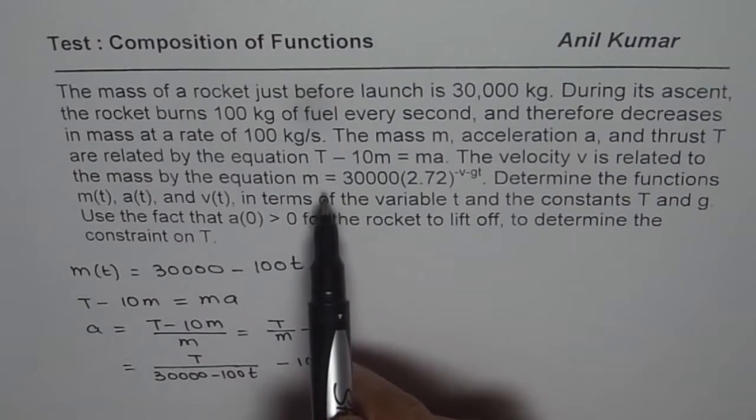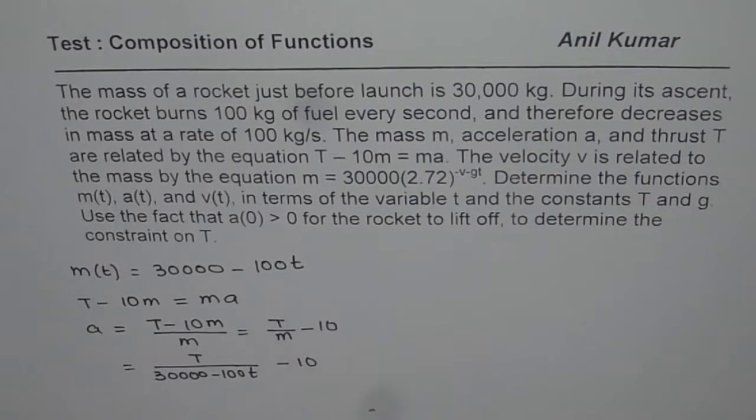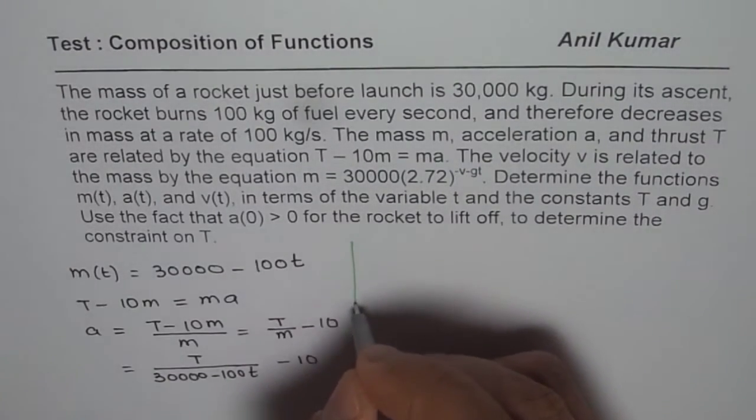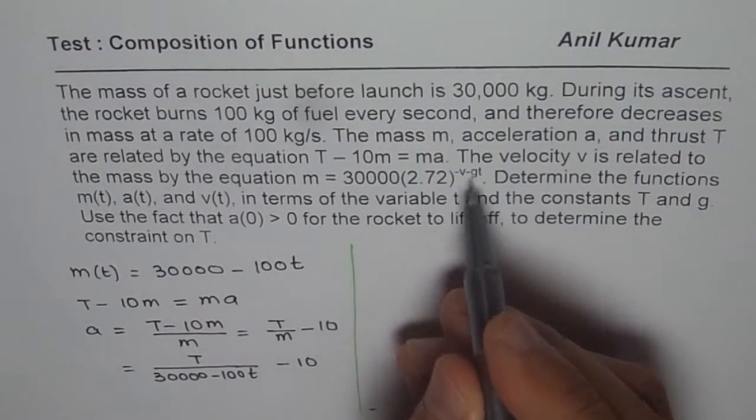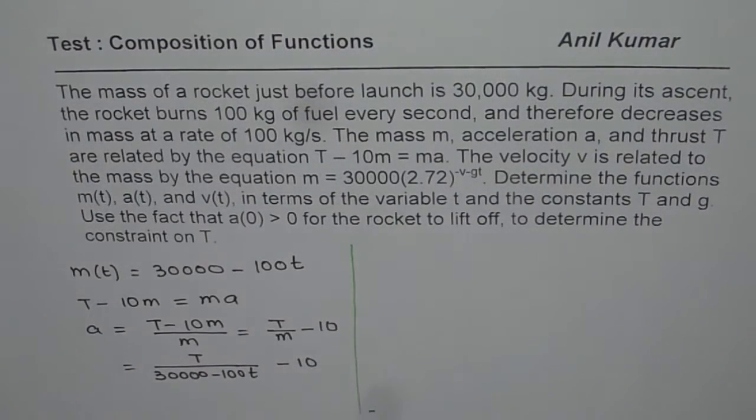Now we are also given the relation of mass with velocity. So now we will use that equation to find how velocity is related with time. First we'll rearrange the equation.